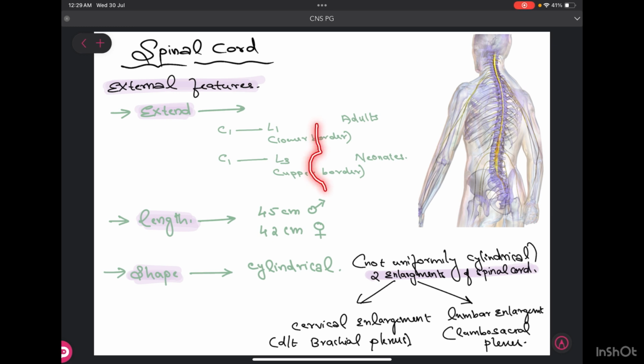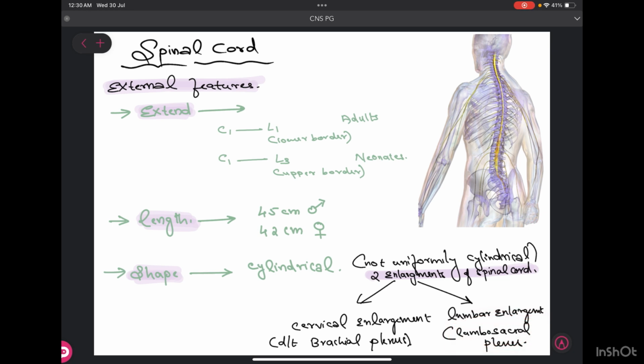If this is the spinal cord, here is one enlargement and here is the other enlargement. The first is called the cervical enlargement, and the next is called the lumbar enlargement. The cervical enlargement is mainly due to the brachial plexus, and the lumbar enlargement is due to the lumbosacral plexus. I guess this much is clear.